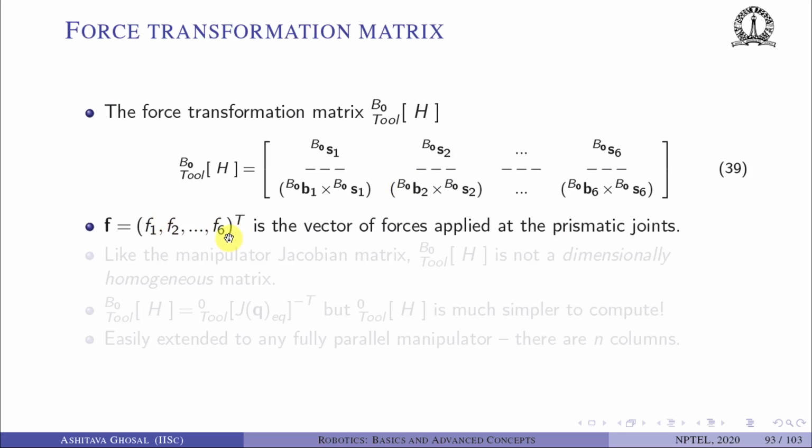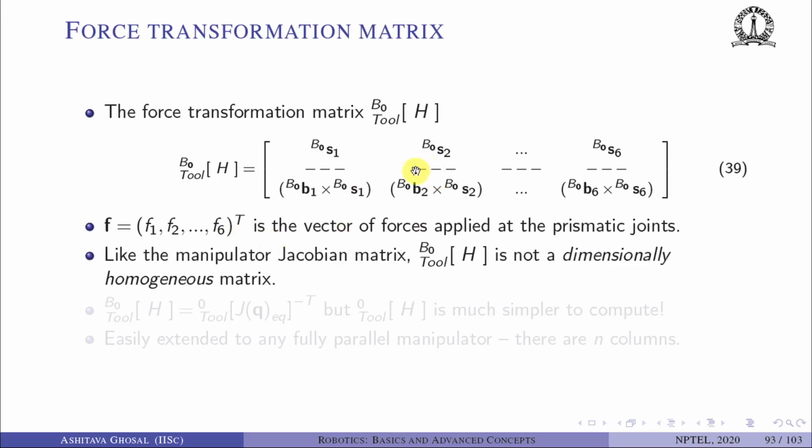The prismatic joints can only apply force along the direction of that leg. Like the Jacobian matrix, this matrix is also not dimensionally homogeneous. Why? Because this is a unit vector, but this has some length across that unit vector. So this portion has units of length, and this portion does not have any unit. But as you can see, this is much easier to evaluate, corresponding to J_q transpose inverse.